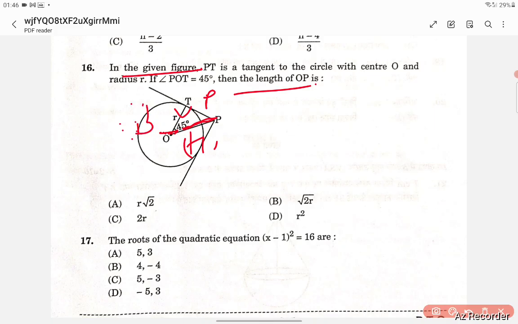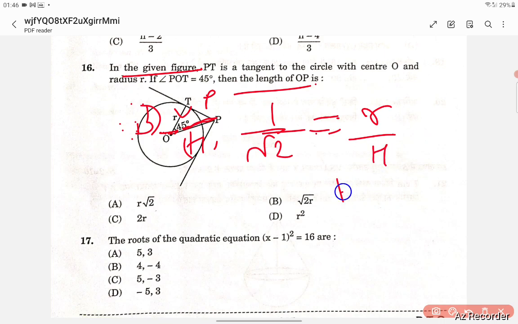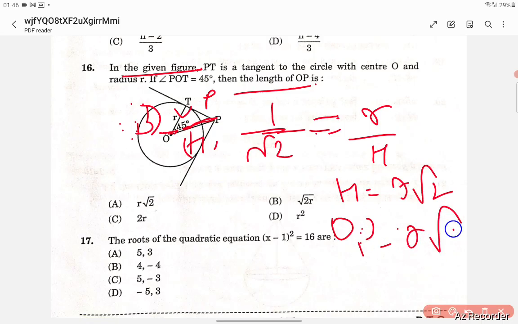So again we can use cos 45. Cos 45 is 1 by root 2, which is r by hypotenuse. Hypotenuse equal to r root 2, that is OP, hypotenuse OP. OP is equal to r root 2, so A is the answer.